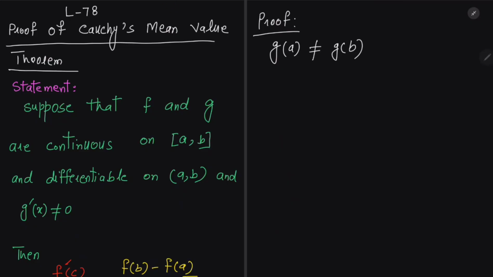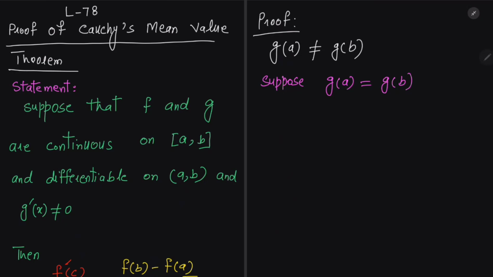Now let us take an assumption. Rather than assuming these are not equal, let me assume these are equal. Suppose g(a) is equal to g(b).